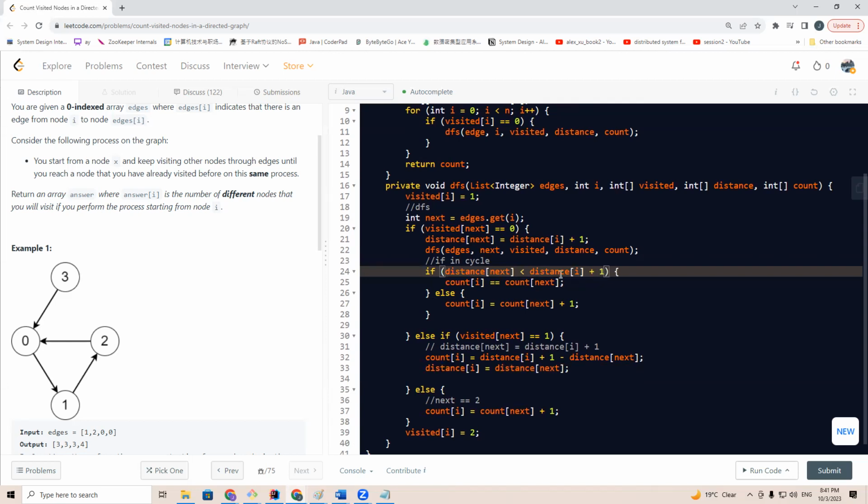That means, because after backtracking we update this distance, we are getting a smaller distance for the next step. So that means I and the next, they are both on the circle. In this case, this count, we just set current as the next one.